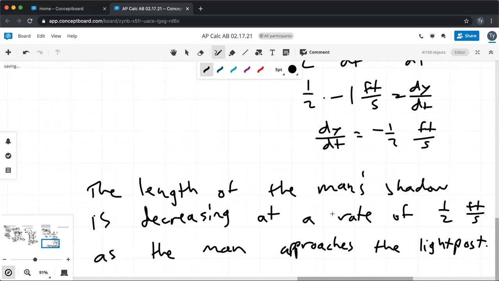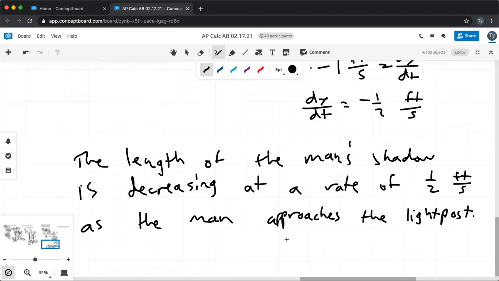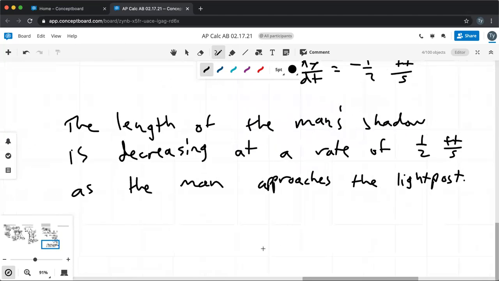You can say, just to reiterate, when the man is 10 feet away from the light post, but this does generalize to however far away he is from the light post.